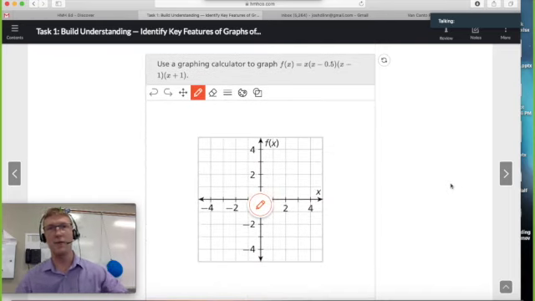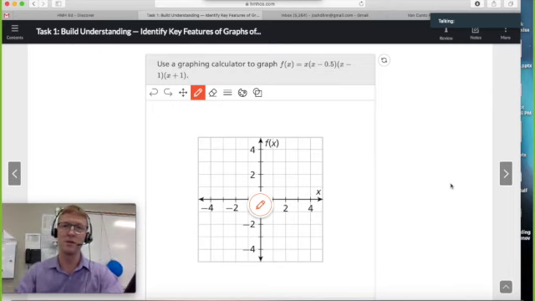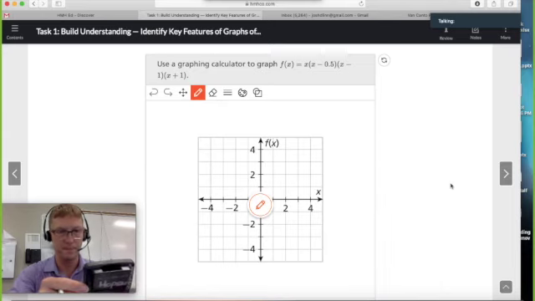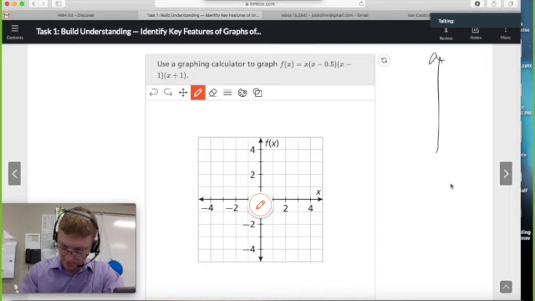So using a graphing calculator, calculate the graph of f of x equals that stuff. So I plug that in. Again, I push the y equals button, and x, open parenthesis, x minus 0.5, close parenthesis, open parenthesis, x minus 1, close parenthesis, open parenthesis, x plus 1, close parenthesis, and graph it. And I'm getting something that kind of looks like this.